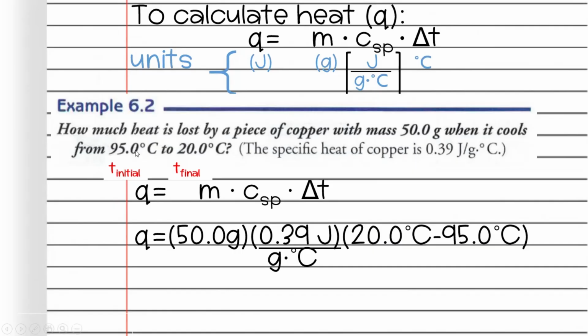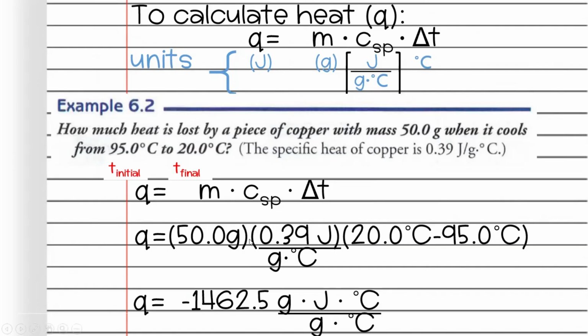So this one is the initial temperature, and this one is the final temperature. We have to make sure we put them in the right order, because if we subtract them in the wrong order, the negative or positive will be wrong. So final minus initial: 20 degrees minus 95 degrees.